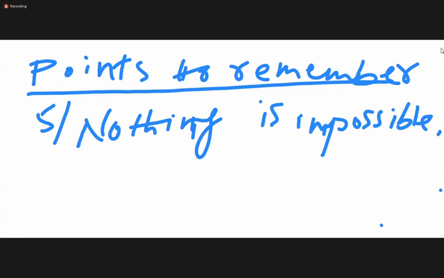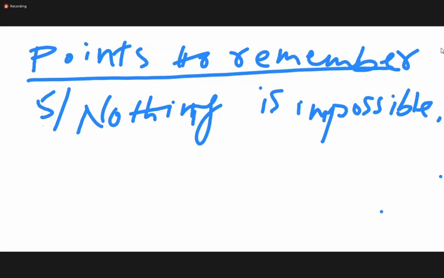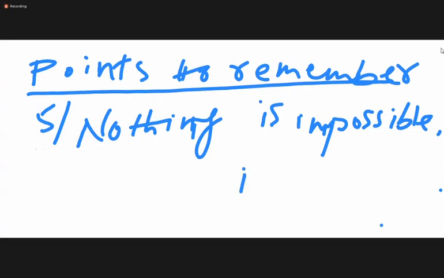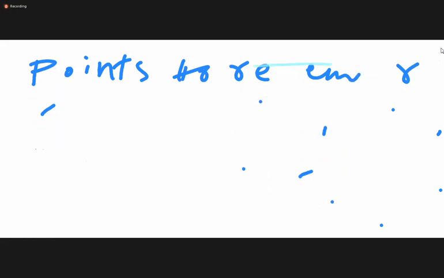Is it, not isn't it, because nothing means negative. The statement is negative, so the tag must be positive. Right? That is why is. So the pronoun for nothing is it: is it? So this is the answer. Next one.